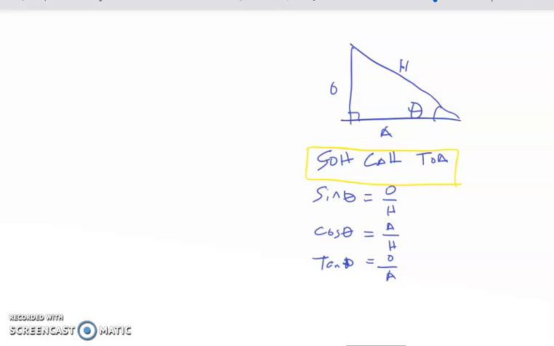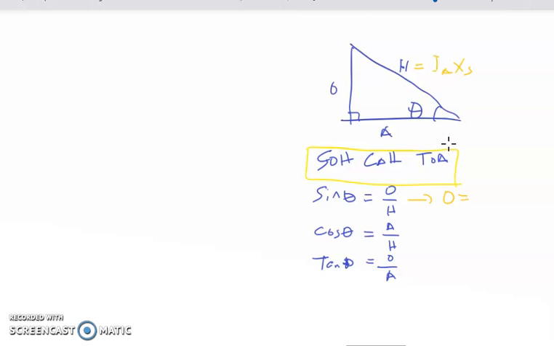So sine is equal to opposite divided by hypotenuse, cos is adjacent divided by hypotenuse, and tan is opposite divided by adjacent. So remember this. Let's say we have here IAXS.